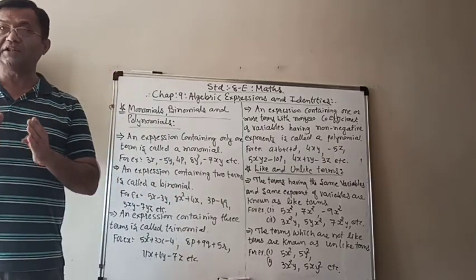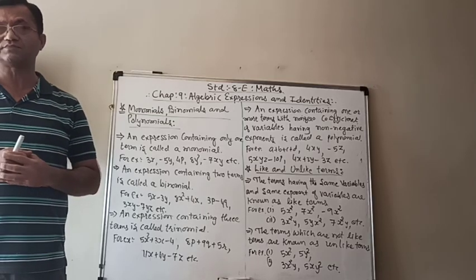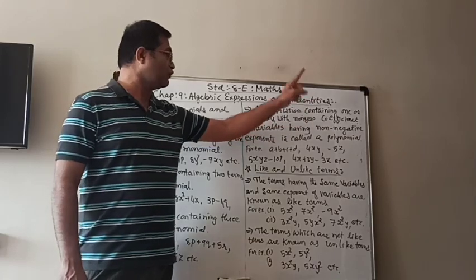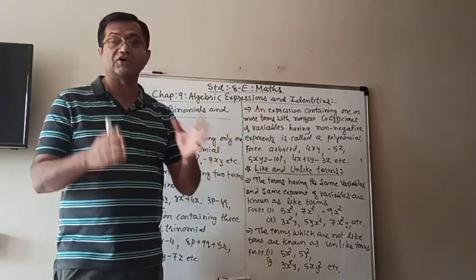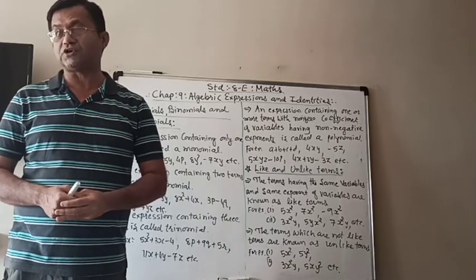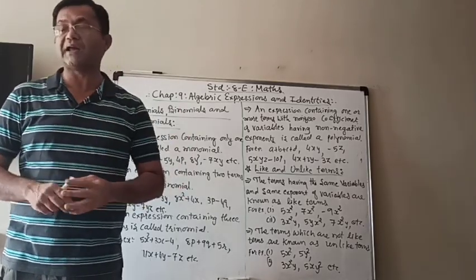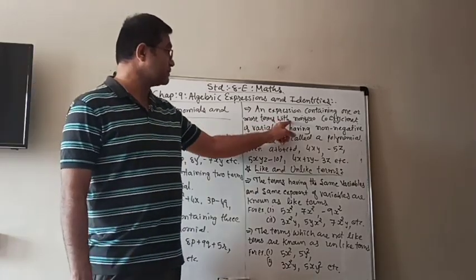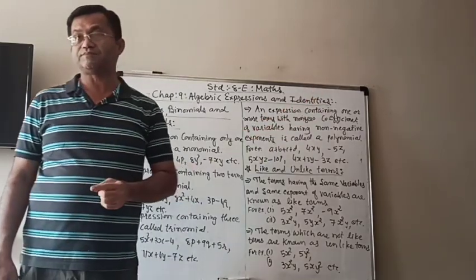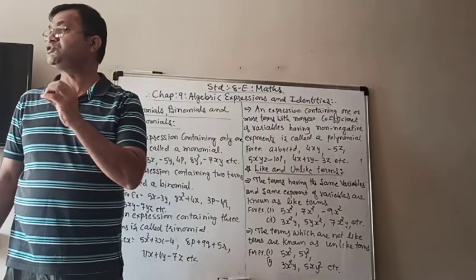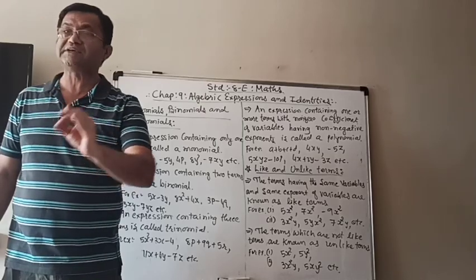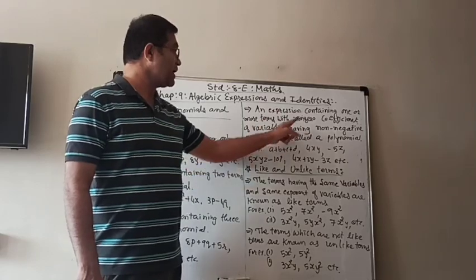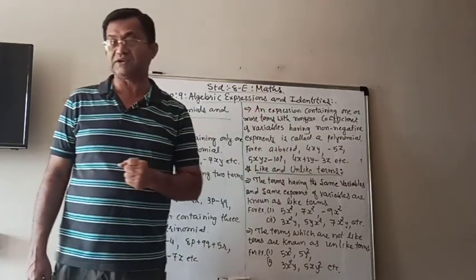But not all expressions are polynomials. We have to understand that a polynomial is an expression containing one or more terms, but with some conditions: non-zero coefficients, and the variables having non-negative exponents.